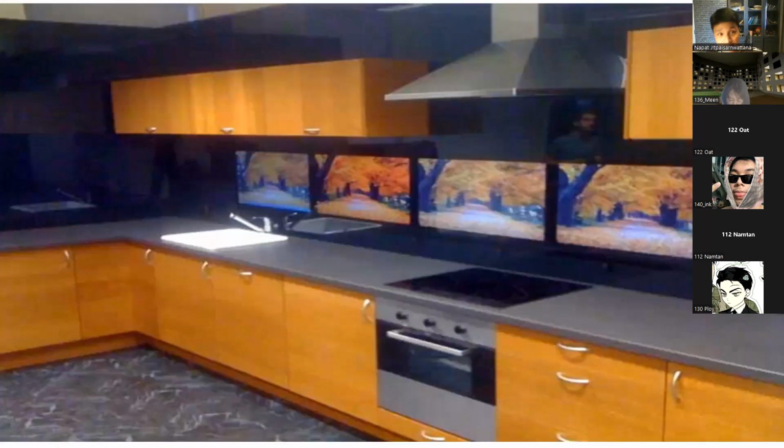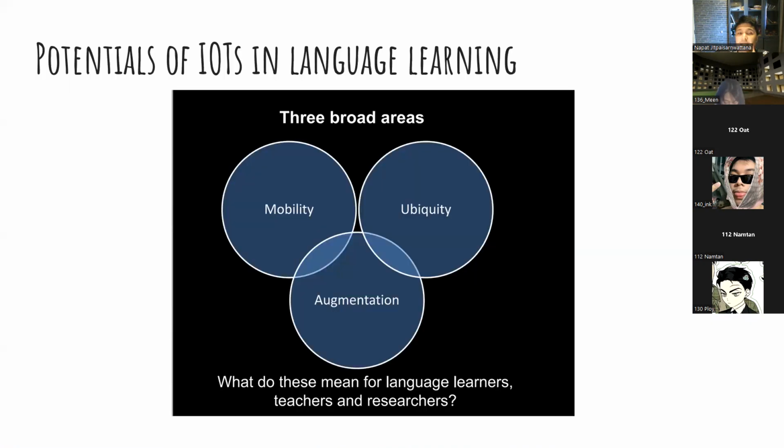All right, okay. So now we have looked at different tools that we can use to learn language, or some of the cutting edge technologies that are available to us. Now, what we are going to look at next is the potential of IoT for language learning. And there are some really potentially interesting angles that we can look at.